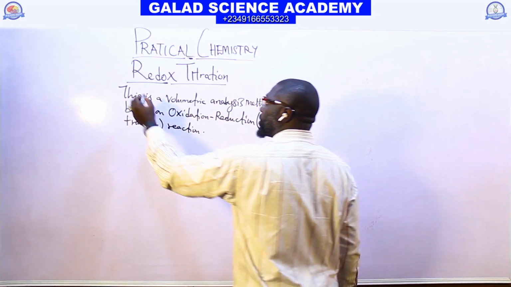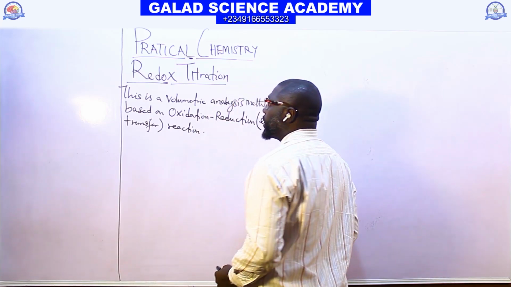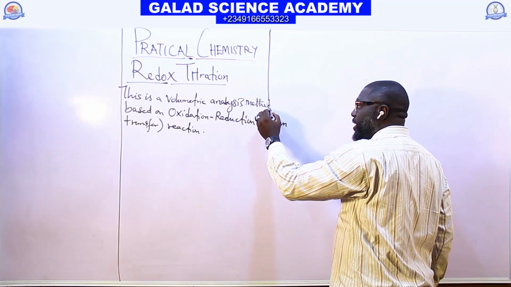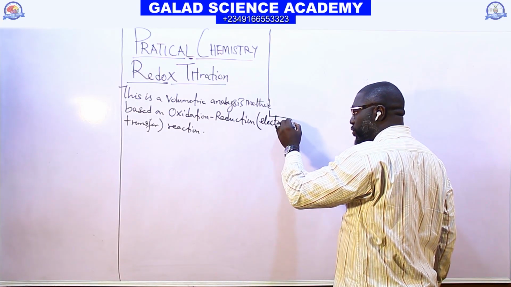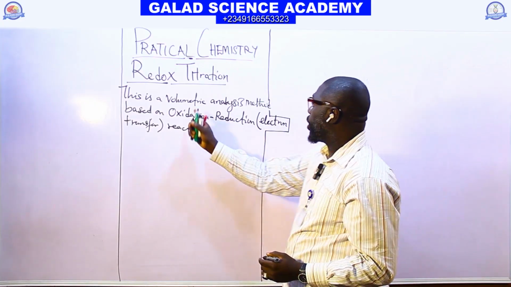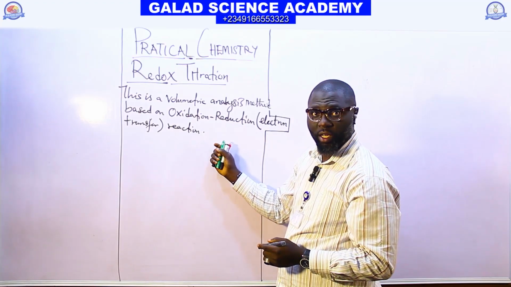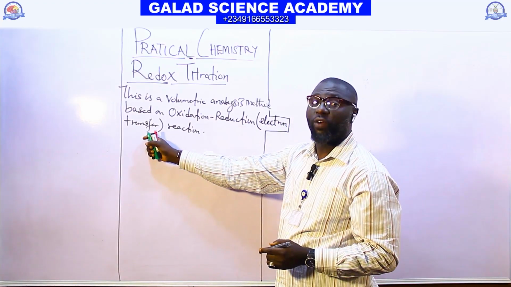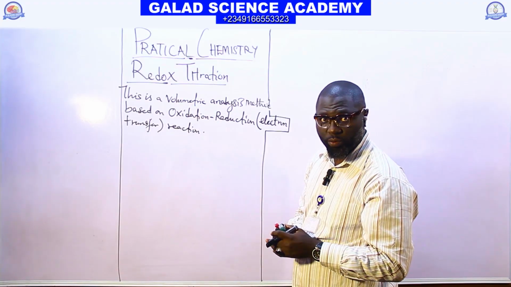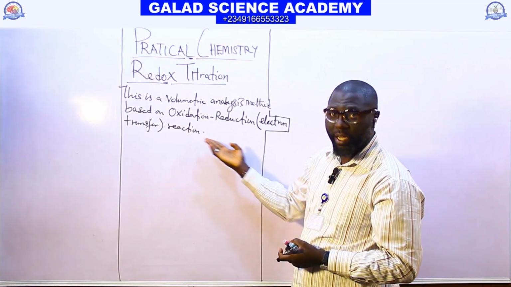So the redox titration is a titration analysis that occurs in an oxidation and reduction reaction, which involves the transfer of electrons. So the redox titration is a volumetric analysis method which is based on oxidation and reduction reaction.